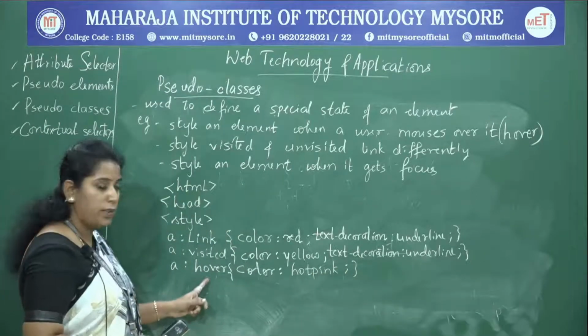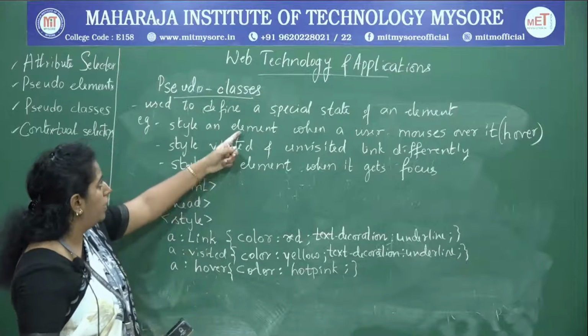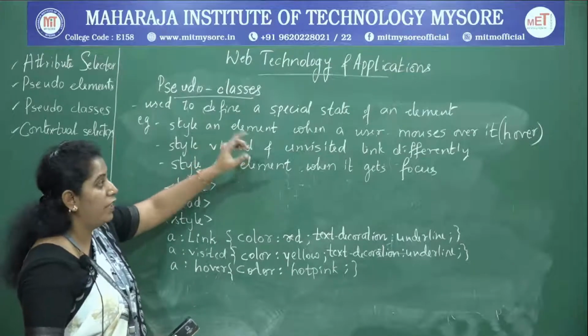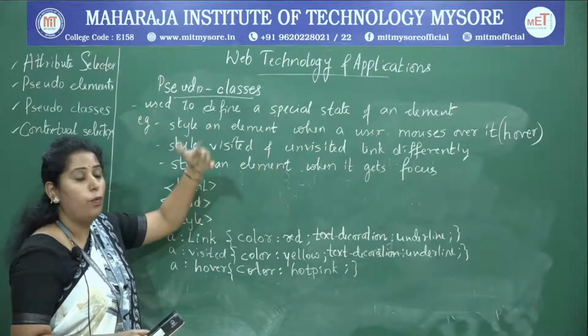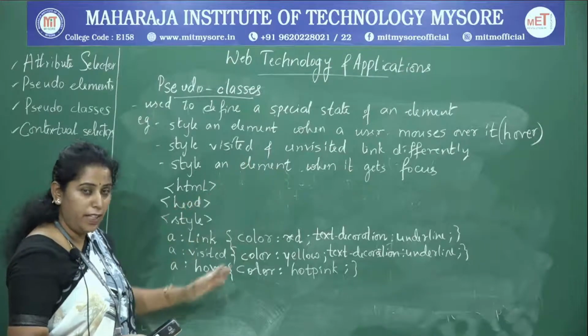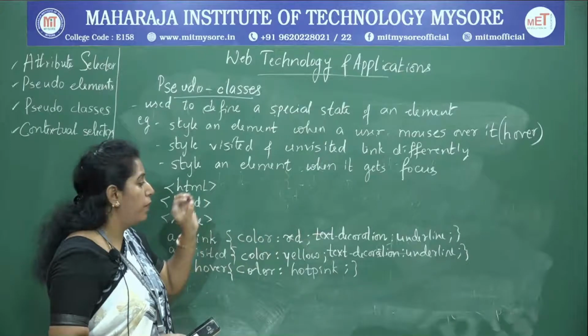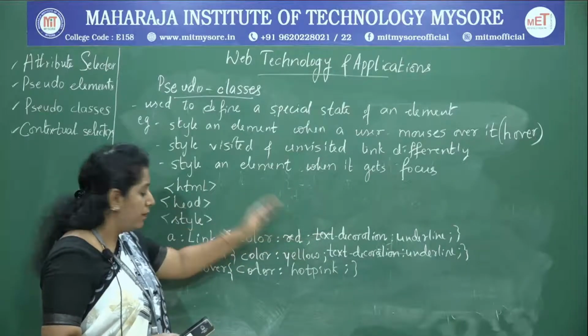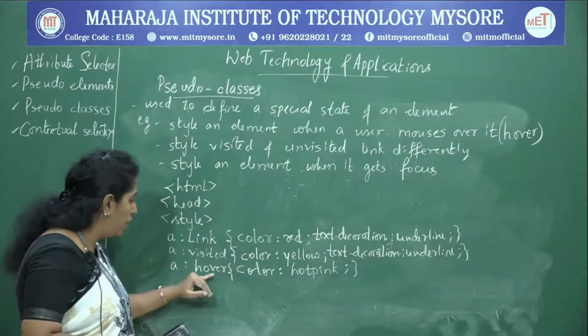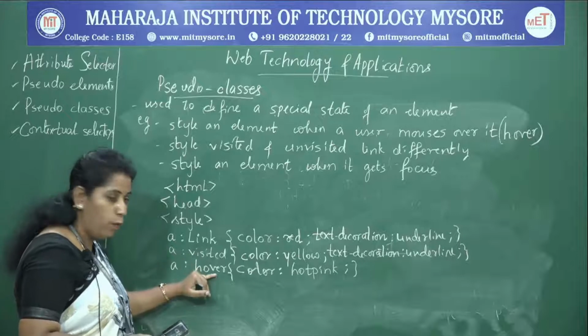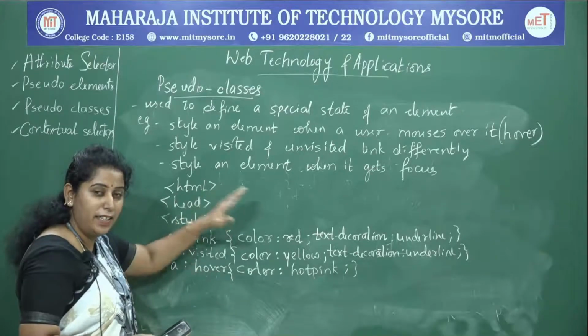So now what is this hover? I have mentioned here only, style an element when a user mouses over it. In the sense, if there is a link, when you place the cursor on that link, that process we call hover. You are placing the cursor near the link.